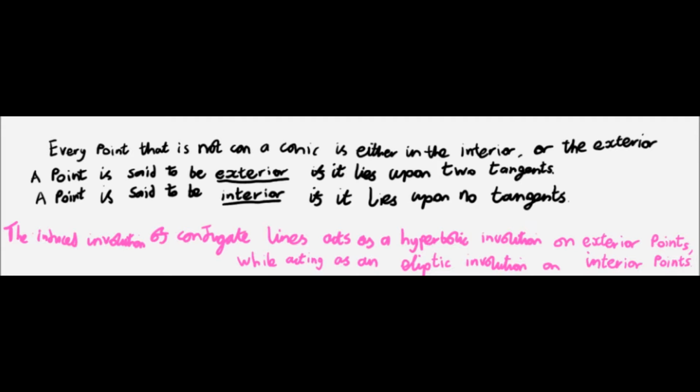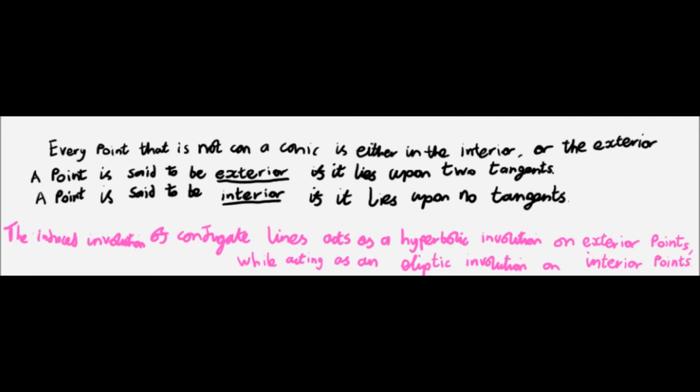So the idea of an exterior point, that's a point which has two tangent lines through it. Well, the dual of that idea, instead of being a point with two self-conjugate lines through it, would be a line with two self-conjugate points on it.